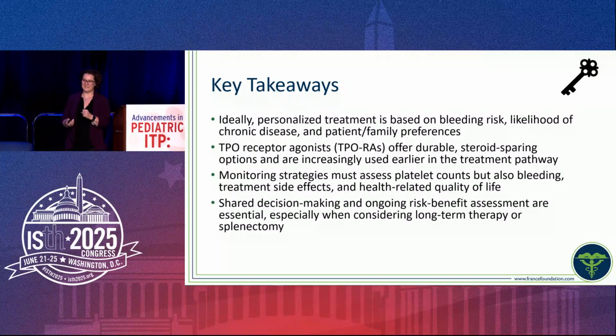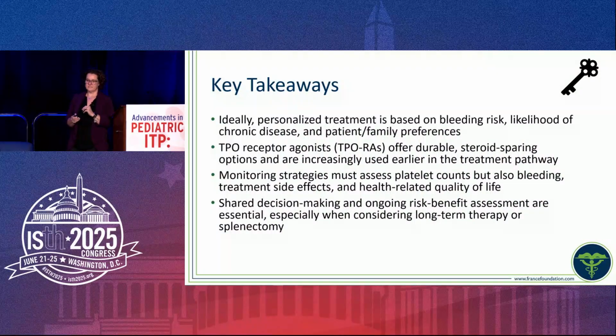Okay. So personalized treatment based on bleeding risk, likelihood of chronic disease, not that we can really predict that, and patient and family preferences. TPO-RAs do offer durable steroid-sparing options. They're used earlier and earlier in the treatment pipeline, and we have some additional TPO-RAs coming down the line that may be even easier to use than the ones we're currently using.